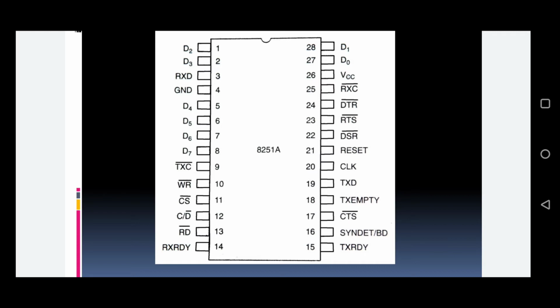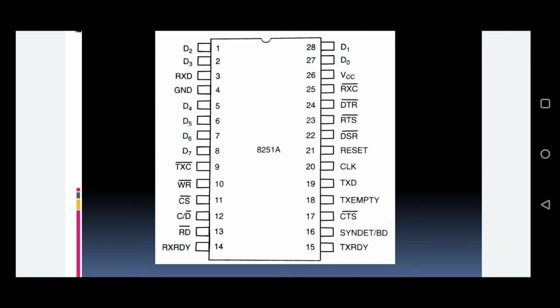This C/D is an input terminal which receives the signal for selecting data or command words and status. D is for data and C is for command words and status. When this signal is low, data will be accessed. When this signal is high, command word or status will be accessed. So that is the important pin C/D.